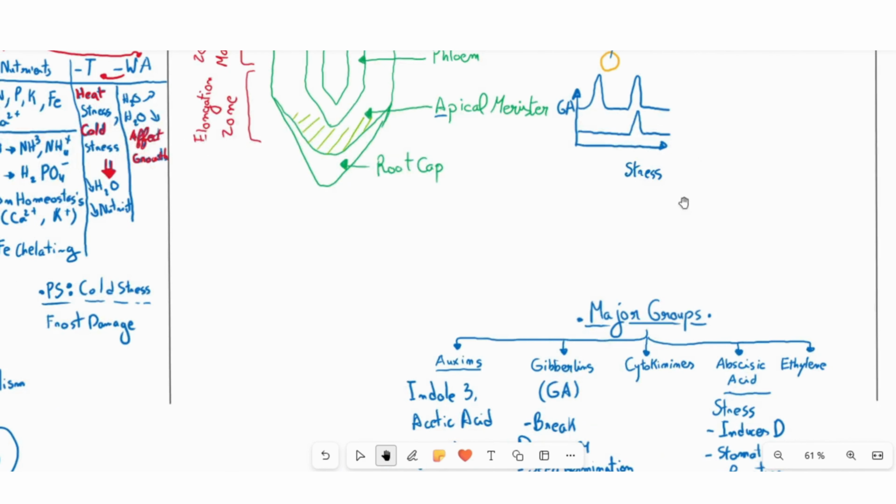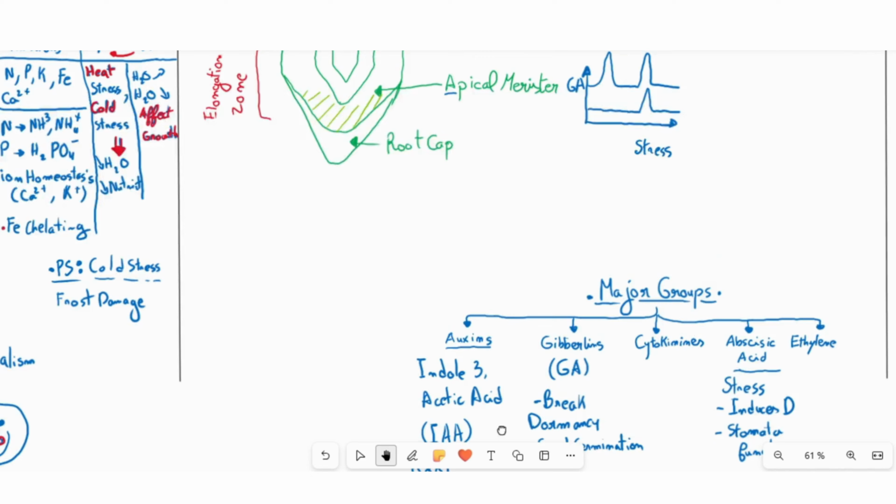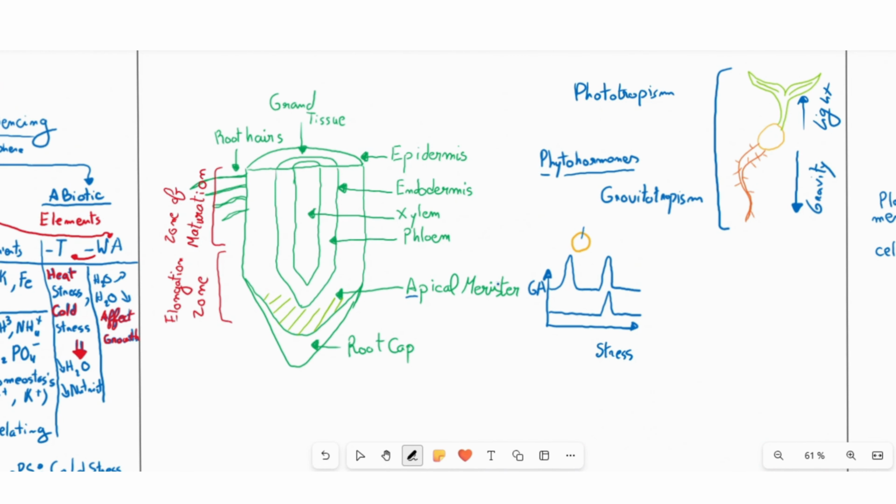We've said that the auxin, for example, indole acetic acid, is mostly in the root. So what happens is that we will observe high amounts of indole acetic acid in the apical meristem in this spot. And as the amount grows, the cells are going to start to elongate downward and push the root cap to dig through the soil, growing longer and longer until it reaches a zone of maturation where root hairs are going to start to grow.